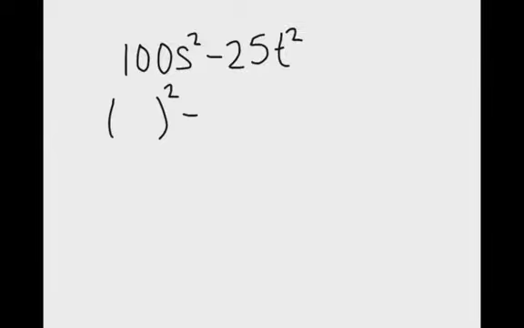If we have 100s squared minus 25t squared, one way we can do this is just like in the other one, write it as something squared minus something else squared. We see we have 10s and 5t.